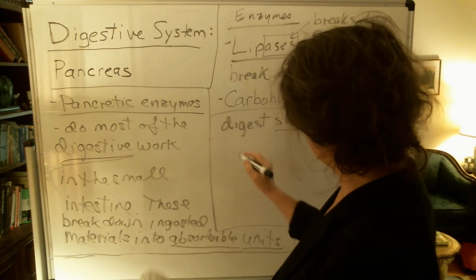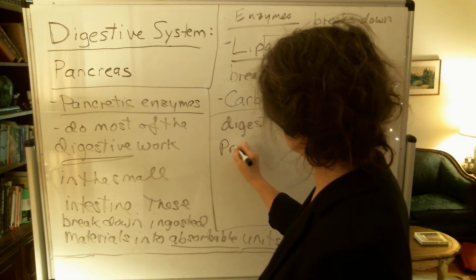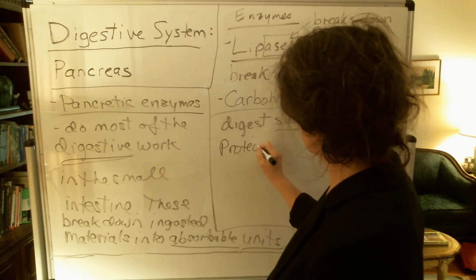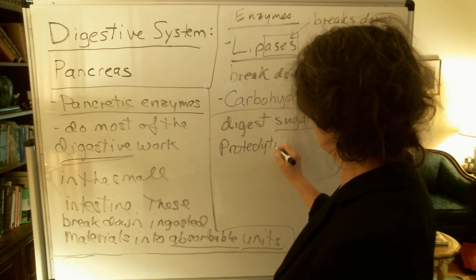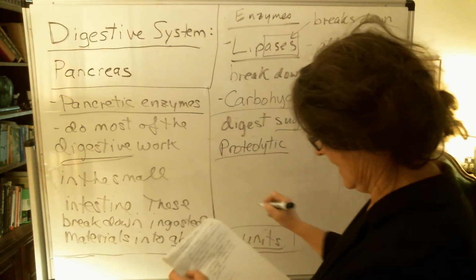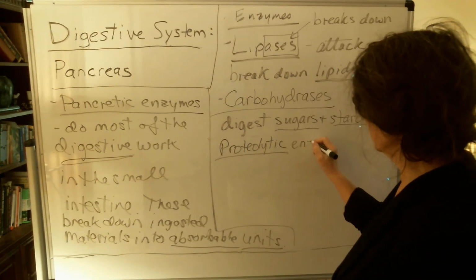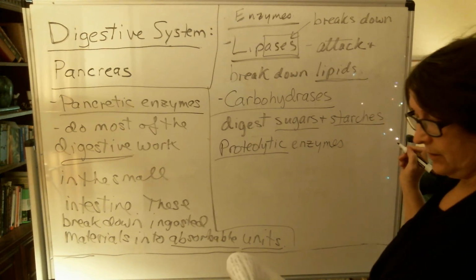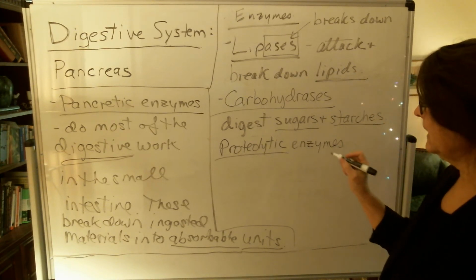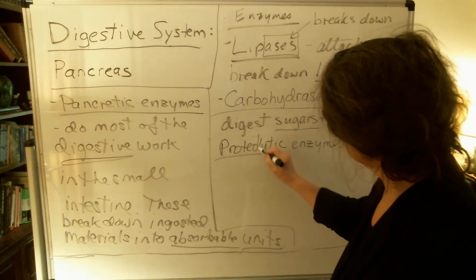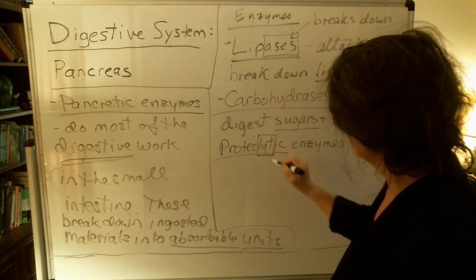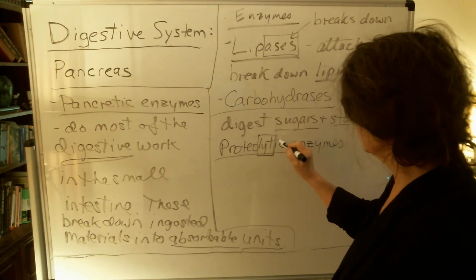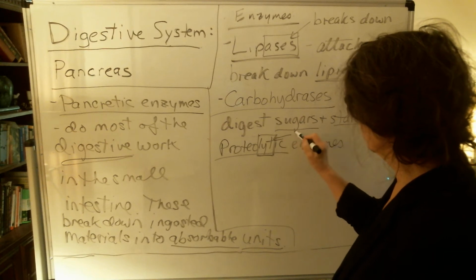And then we have proteolytic enzymes. Okay, and these actually come in two different varieties. Now, where you see lit or lyse or anything like that, that also then means breaks down.